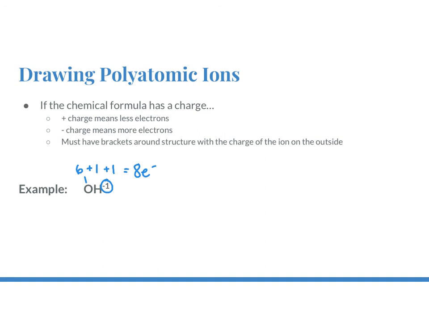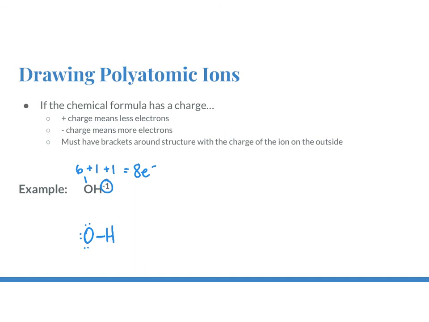hydroxide, or OH-1, there is no singular or central atom, so I would just draw my O next to my H. I'd put a bond in between it, and then I would make sure that everyone's duet and octet rules are filled. So with oxygen, not happy right now, it needs to have 8, it only has 2 in that bond, so I would add 6 more in lone pairs.